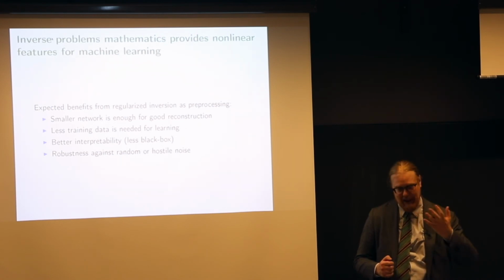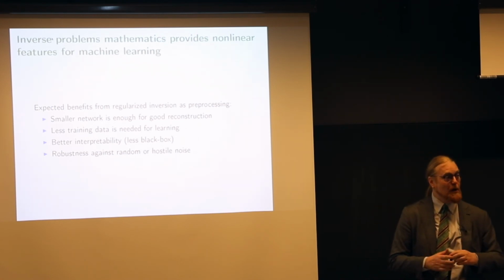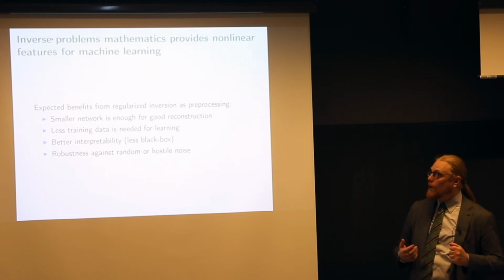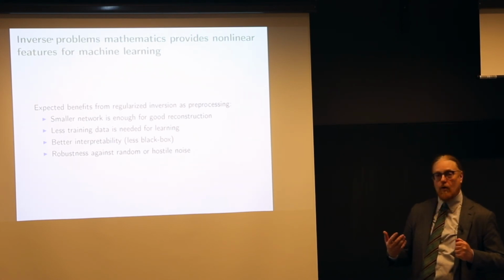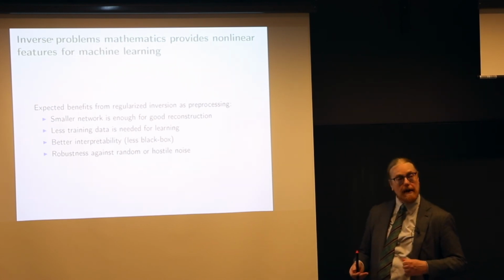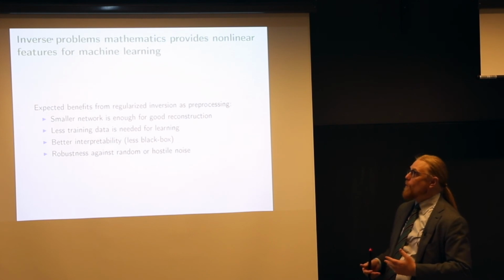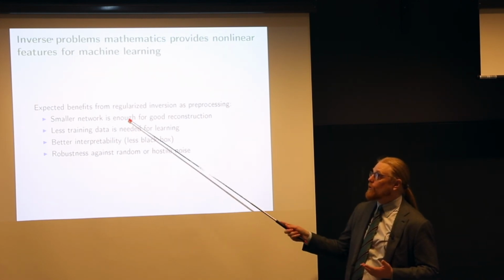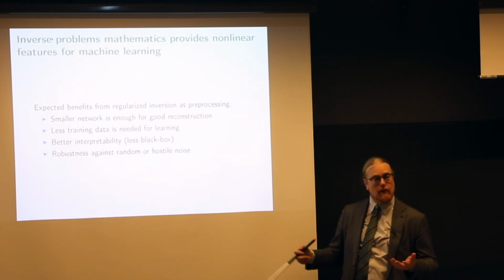That's somehow the leading motto of the whole inverse problems community. So I think our mathematics is good for providing machine learning with lots of useful nonlinear features. And we hope for this kind of benefits that maybe we can do the learning with a simpler network and maybe with a smaller set of training data.